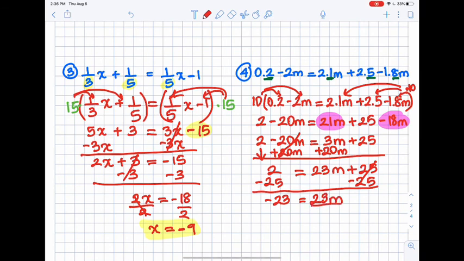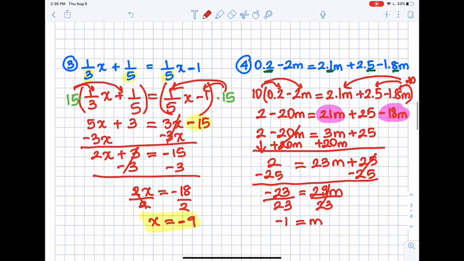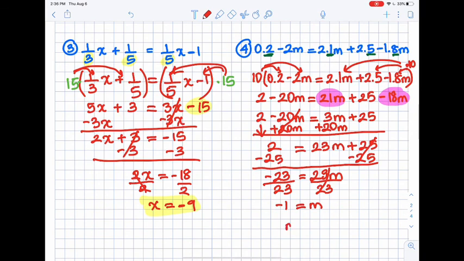And if I isolate m by dividing both sides of the equation by the coefficient, which is 23, my final answer will be negative 1 equals m, which is, again, I would like to write m equals negative 1 as a proper way of writing my final answer.